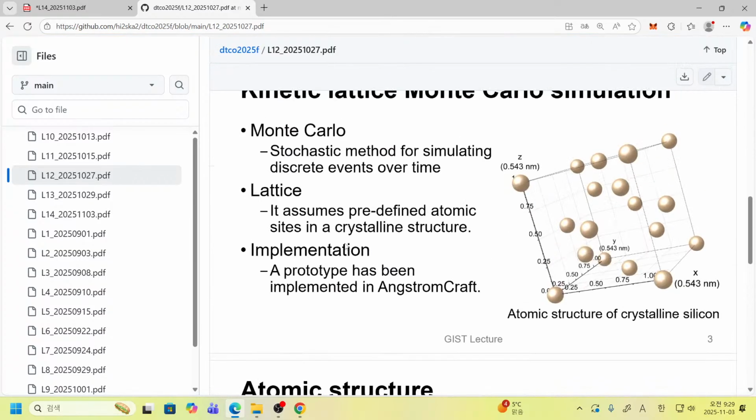Okay. So this figure shows the configuration or size of silicon atoms in perfect crystalline silicon. And we can introduce some impurity atoms into this crystal structure. Let's say that there is one impurity atom.